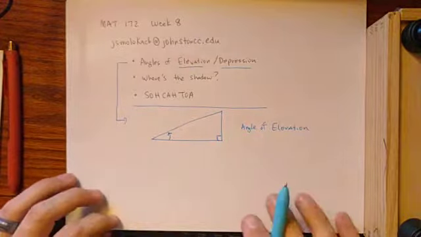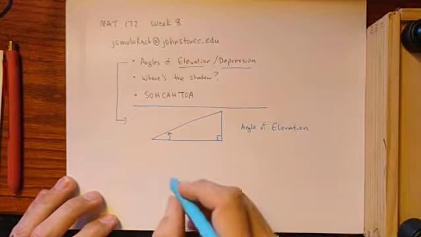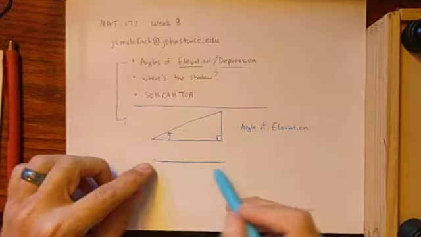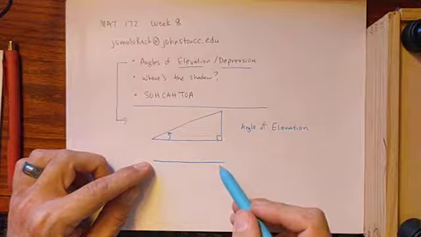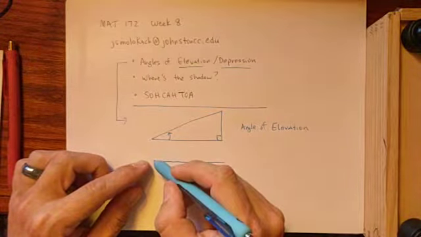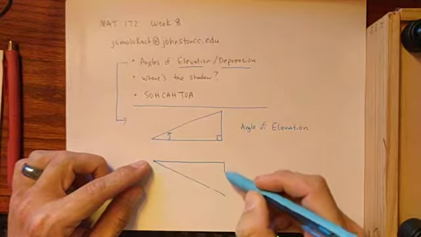Okay. Similarly, an angle of depression would start from horizontal, and if you can imagine another line segment being on top of that and us pulling it down, maybe like an attic stairway or something, then the triangle would look something like this.